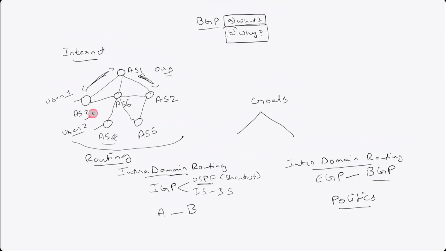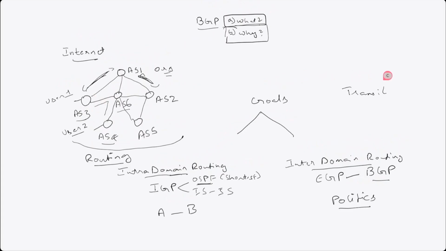Now, when we look at this internet diagram, we can see that the shortest path that exists is for AS3 to send packets to AS6, and AS6 will route it to AS4, right? But that's not how it actually happens in the real world, because in the real world, AS6 might just say to AS3, you know what, I do not want to carry your transit traffic.